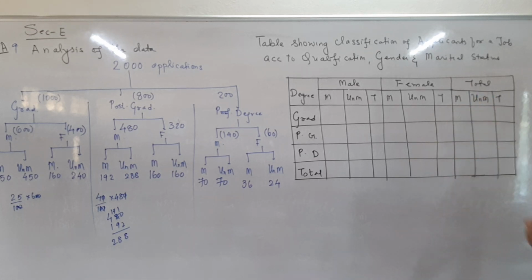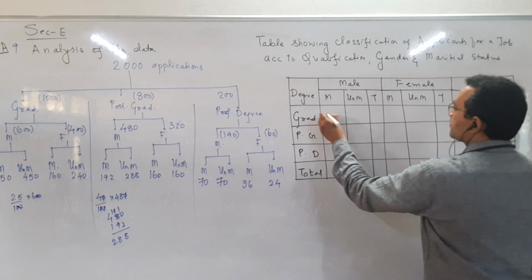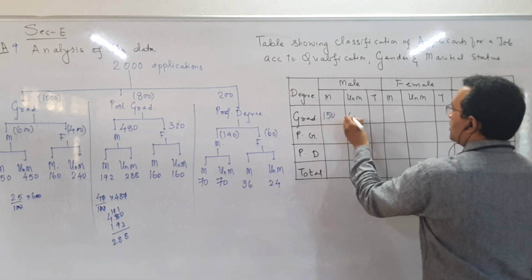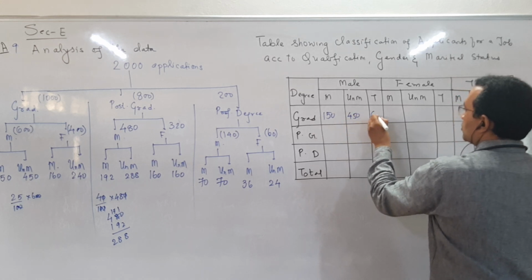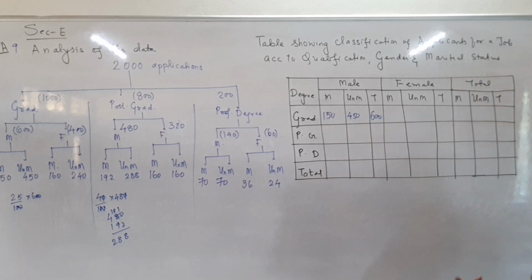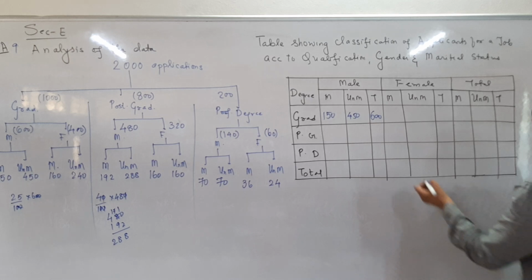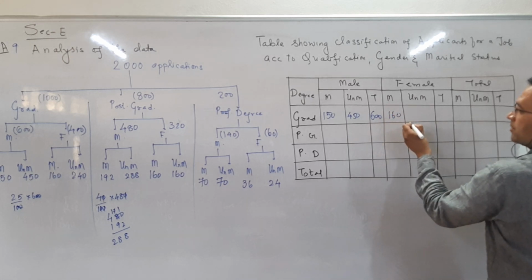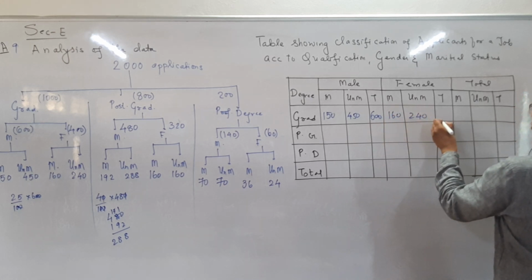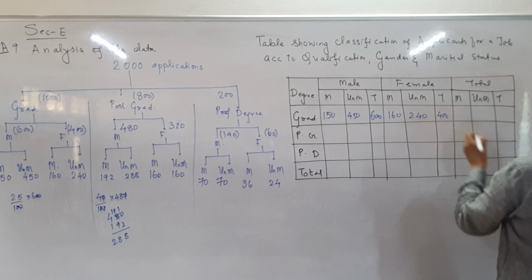Now students, filling up the information. How many male graduates were married? 150, unmarried 450, total males were 600, female married 160, unmarried 240, total was 400.